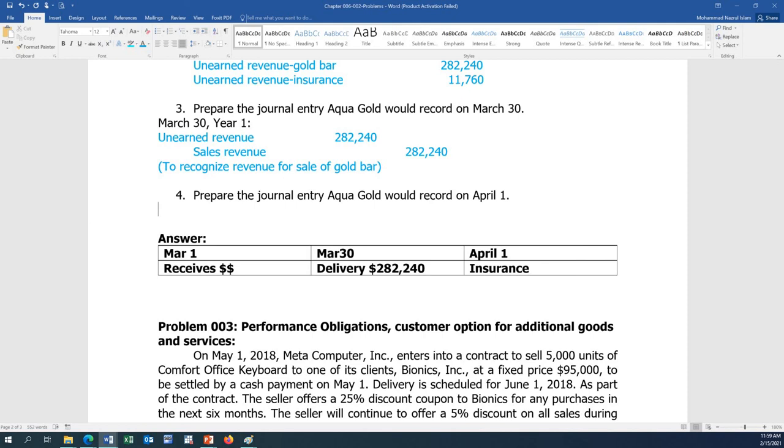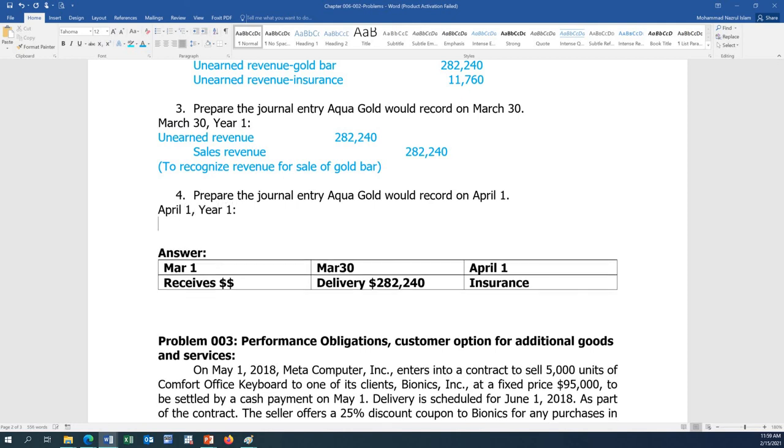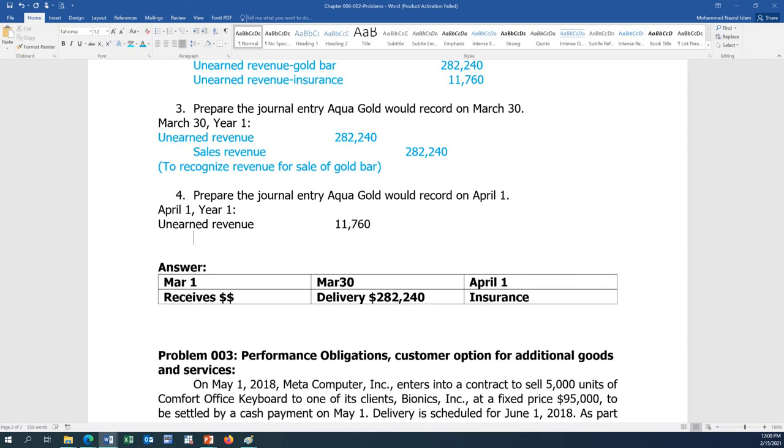So now we will record on April 1st, year 1, unearned revenue 11,760, the insurance amount, and service revenue 11,760. Okay, so it is also done.